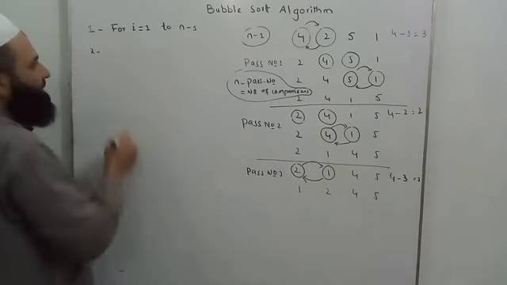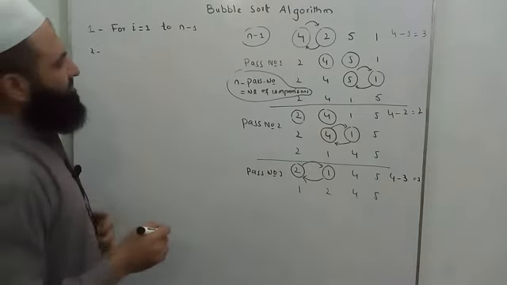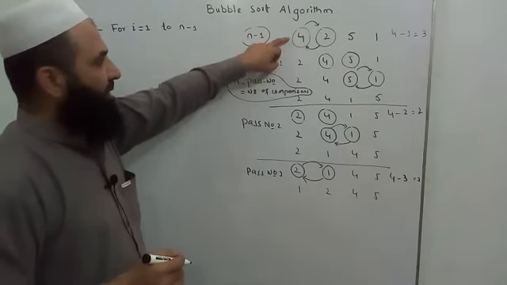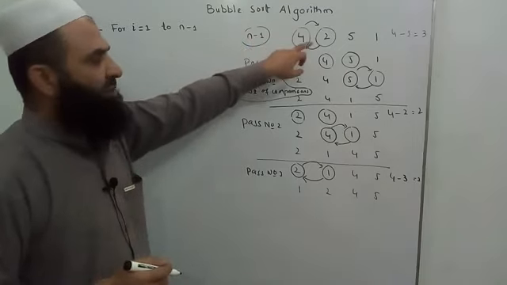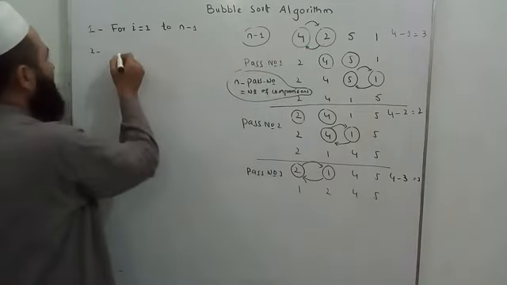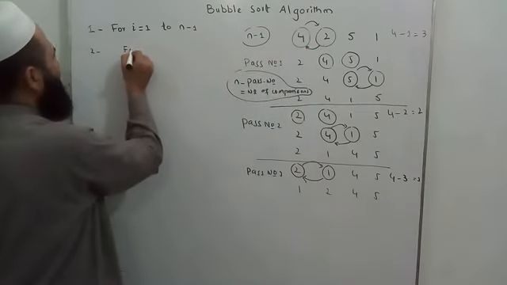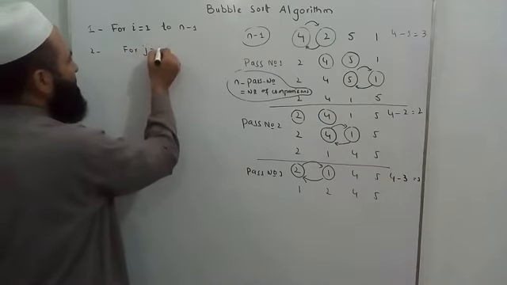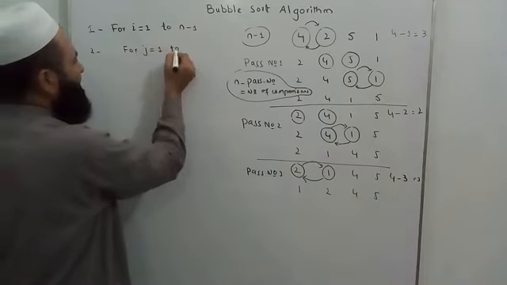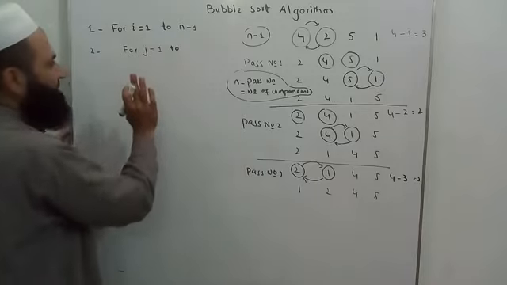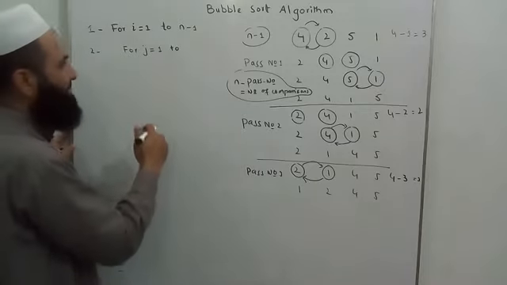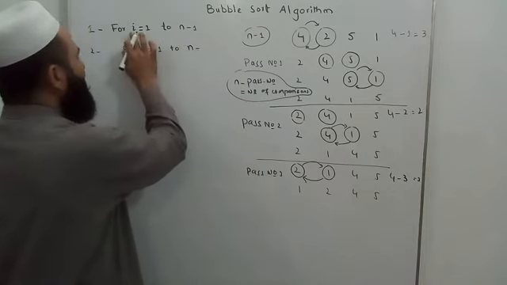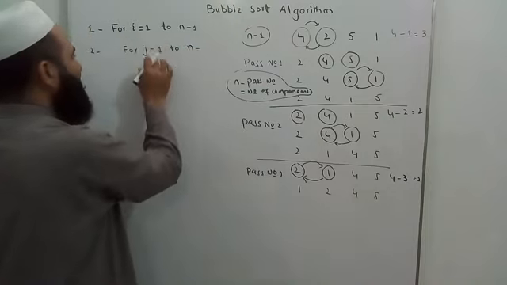And then we begin from the first item and compare it with the second item. So again we will need another for loop, and j is equal to 1, up to what? The number of comparisons. How many comparisons will we need? This is n minus I, where I holds the pass number. If I is equal to 1, we are in the first pass.